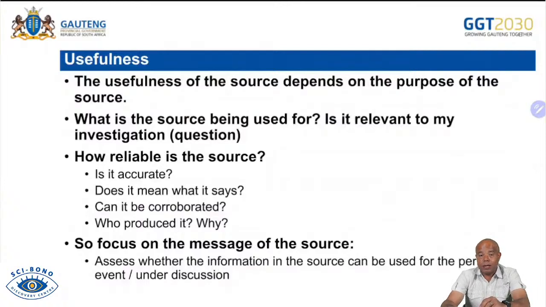So now we can clearly see when they say explain the usefulness, it means we answer it almost in the same fashion that we would answer how reliable this particular source is. So now we need to focus on the message of the source. Assess whether the information in the source can be used for the period or event under discussion. So now we can clearly see, learners, when it talks about reliable, we need to zoom in to explain the usefulness. You answer basically on the same pattern.